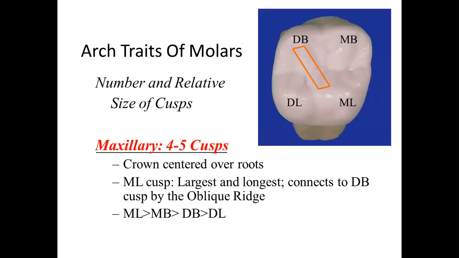Also, when you compare the number and the size of cusps, the maxillary molars will have 4 to 5 cusps. These are mesiobuccal, distobuccal, mesiolingual, distolingual, and the cusp of Carabelli, in which the mesiolingual cusp is the largest and longest. And there is also a distinguishing feature of maxillary molars, that is the presence of the oblique ridge, between the distobuccal cusp and the mesiolingual cusp.